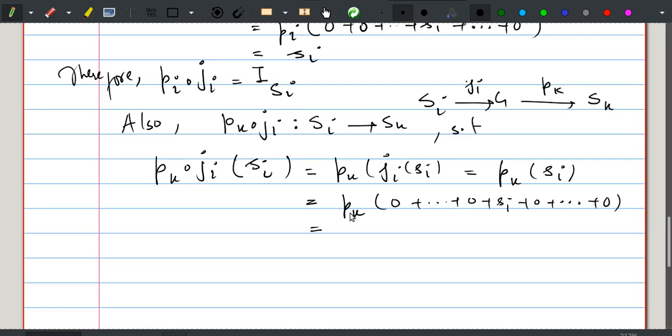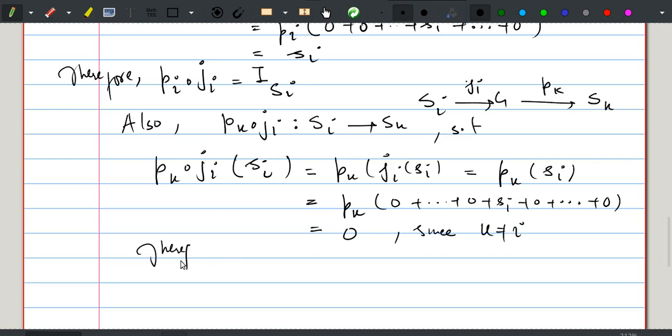Now this Pk is the projection map, and this element is non-zero only at the ith component and 0 otherwise. So its kth component, where k is not equal to i, is 0. So this is nothing but 0 since k is not equal to i. Therefore Pk composed with Ji is the 0 map for k not equal to i.